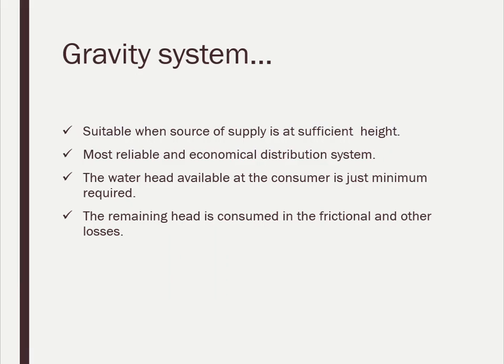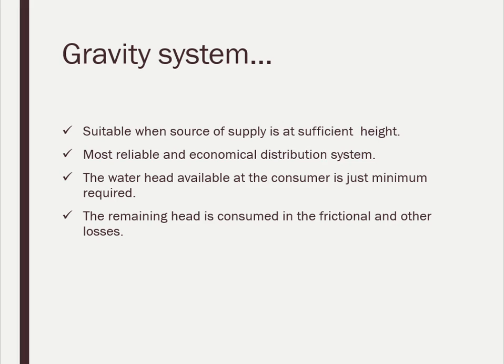First we will see the gravity system. The gravity system is suitable when the source of supply of water is at a higher location and the layout or the city is at a lower point, so that the water will flow by gravity. This is the most reliable and economical method of distribution.